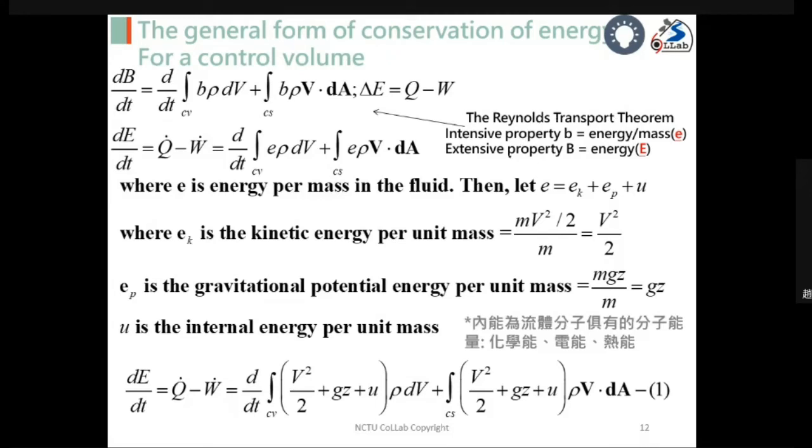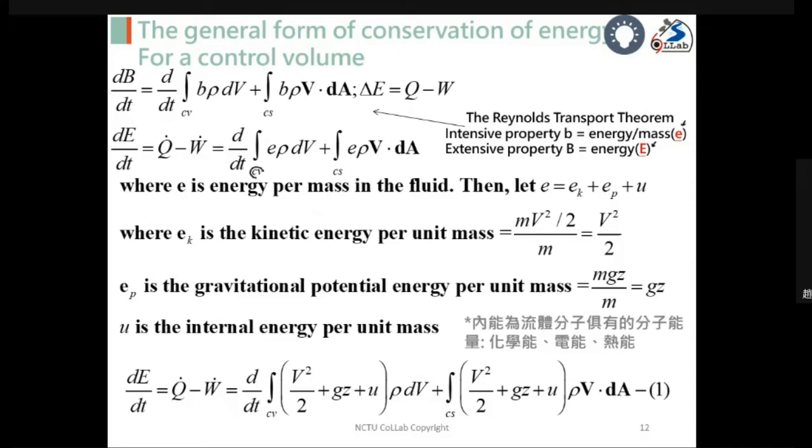Okay, so we notice that our problems are based on the Reynolds transport theorem, and now we are interested in the extensive property, E, which is energy here. That means the intensive property b is energy divided by the mass, and we use the small e here.